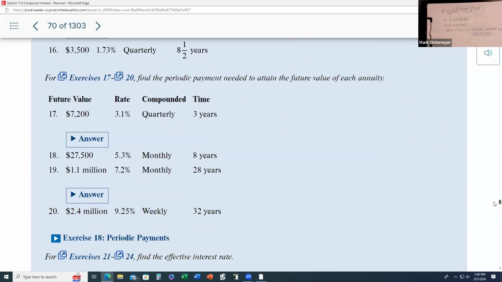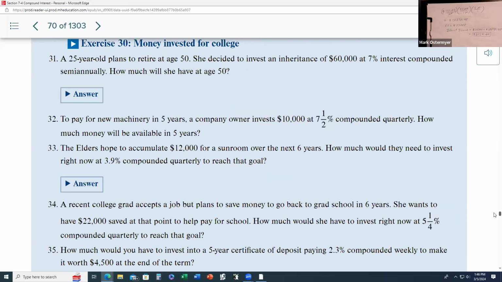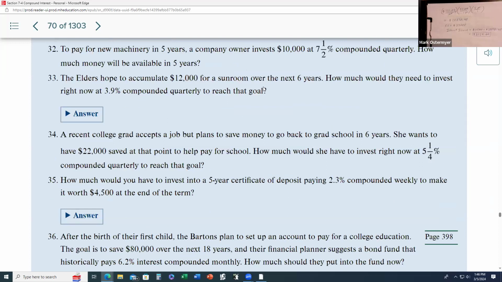All right. Let's go down and see if we can play around with some of these interesting problems here. Okay, number 34, ladies and gentlemen. A recent, no, we already did that problem there.